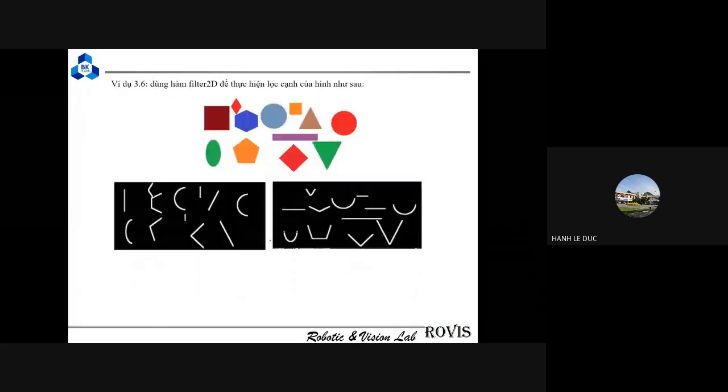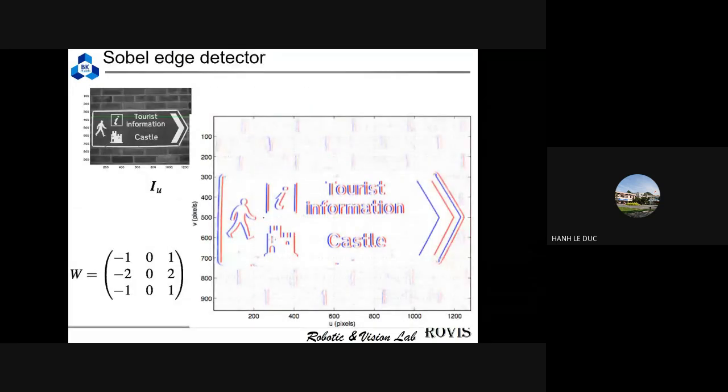I skip this one. Now the Sobel filter. In your exercise, you already did something like the Sobel filter. What is it? We apply the filter on the U direction, and this is the U direction and this is the V direction.